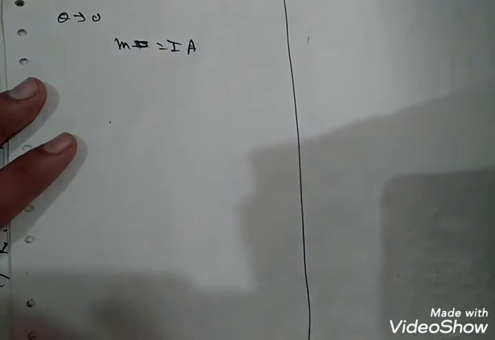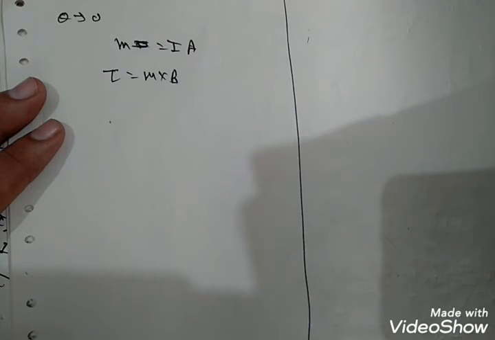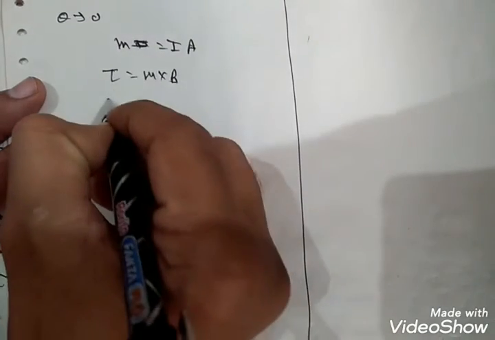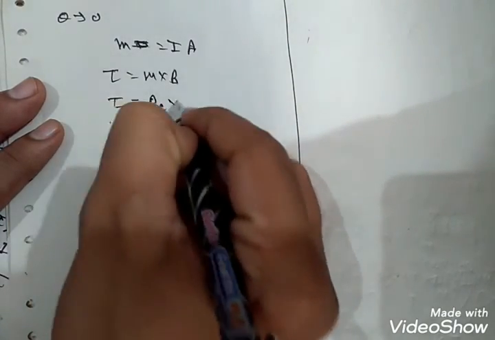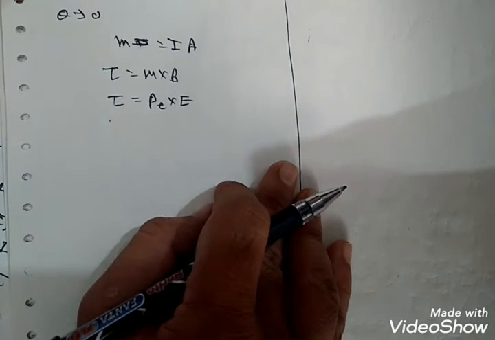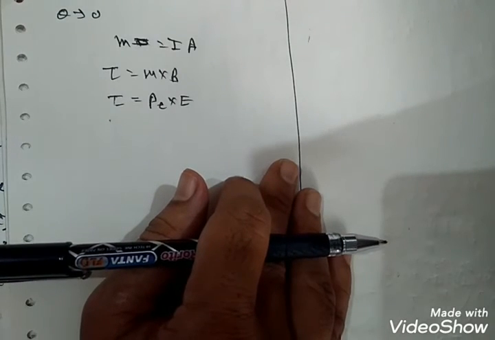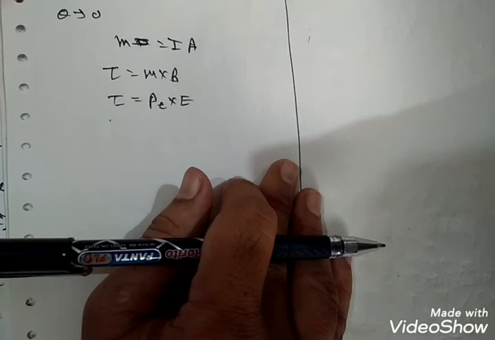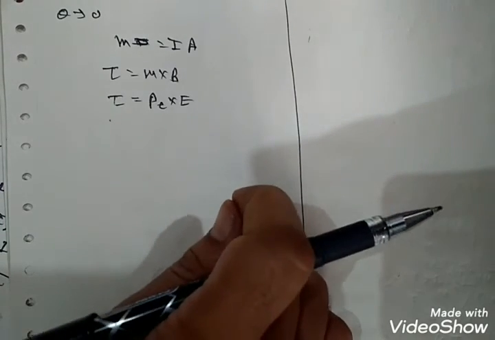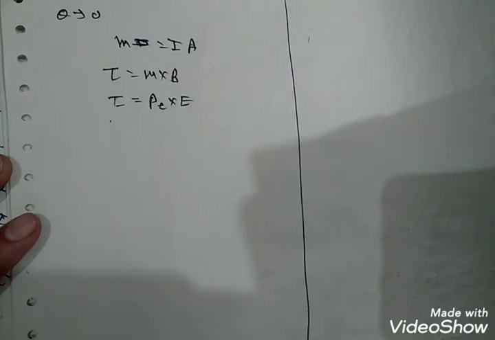Now the equation is tau equal to m cross B. This is like the electrostatic case, an electric dipole of dipole moment p in an electric field E, where torque is p cross E. As is clear, m is equal to I A. Lastly, we see the torque tau when m is either parallel or anti-parallel to the magnetic field.